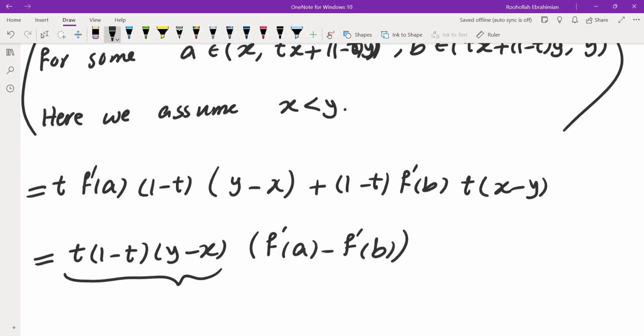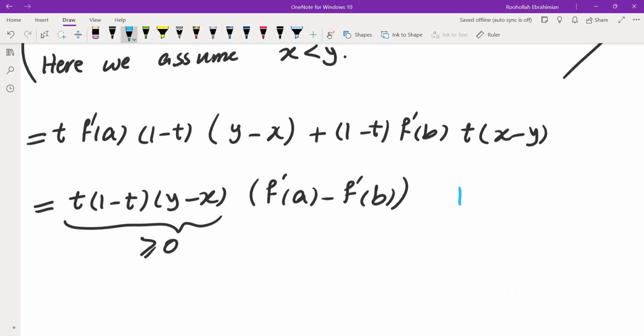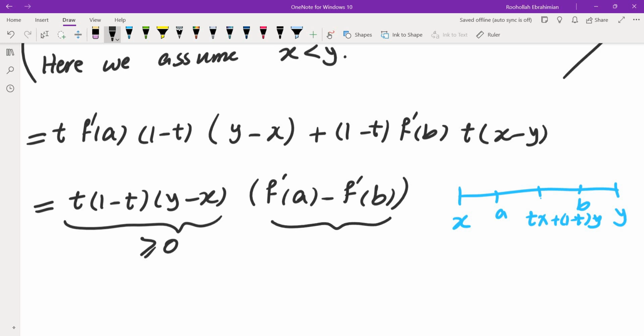Now I know these three things are greater than or equal to 0. And I know that if I look at the points x, y, and this one, tx + (1-t)y, a is here and b is here. What that means is that f prime of a minus f prime of b is in fact less than or equal to 0, because I assume that the derivative of f is increasing.